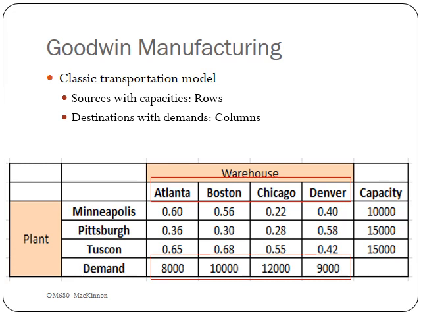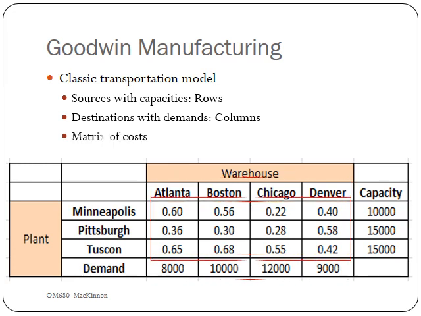Atlanta requires 8,000 units. And in the middle we have our matrix of costs. These are per unit costs. So whatever Goodwin makes, if they make it in Minneapolis and ship it to Atlanta, it costs 60 cents. And so the whole idea is to fulfill demand while remaining within capacity at the absolute minimum cost. And that's what the transportation model allows us to do.